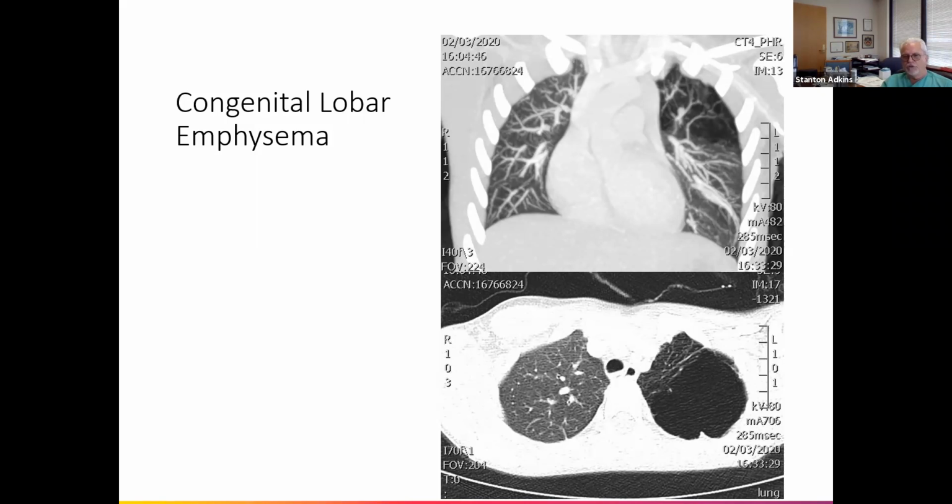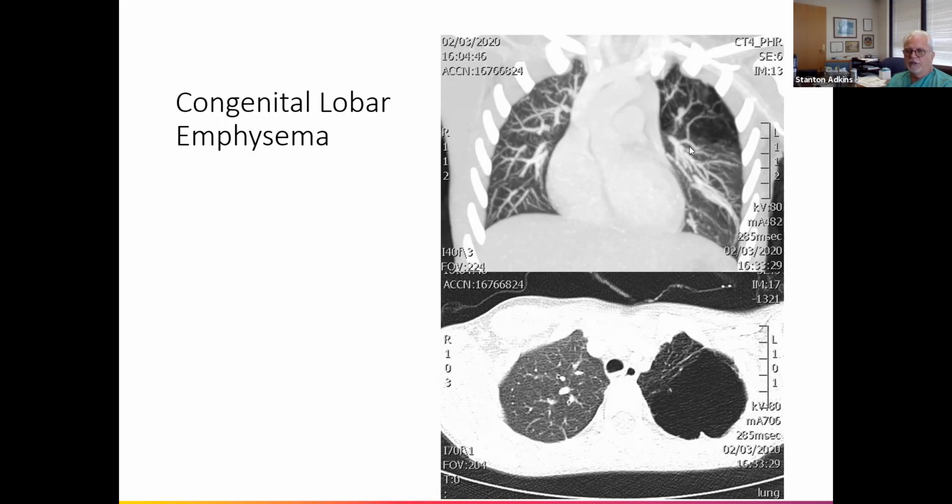She had some issues, and she had an x-ray that showed a relative lack of lung markings in the upper chest on the left side. You can see normal right upper lung, normal right middle lung, normal right lower lung blood vessels here.